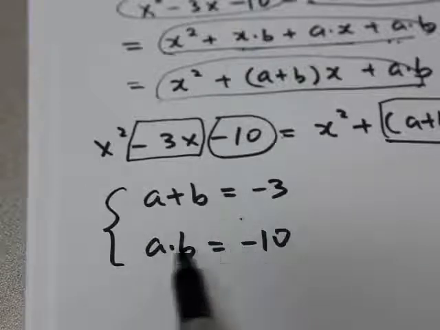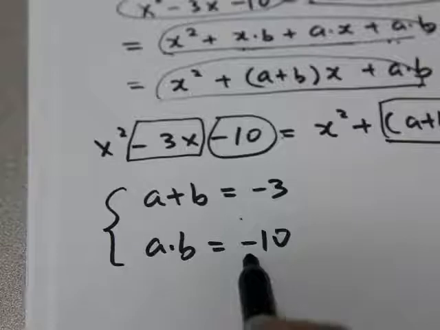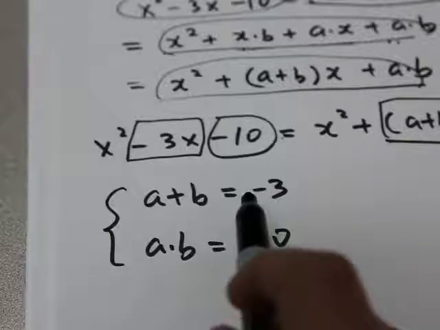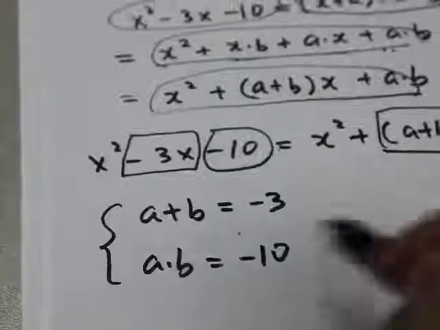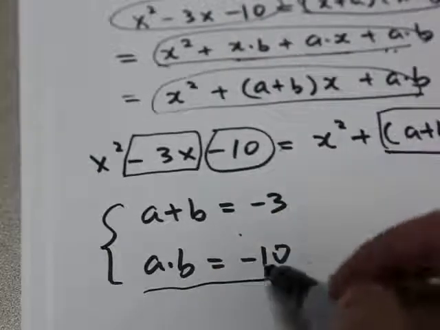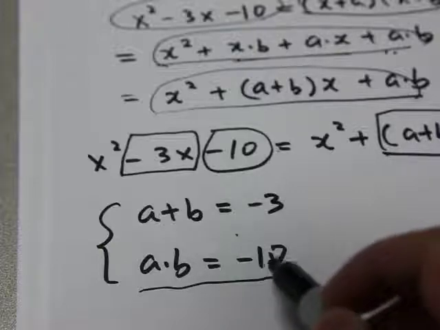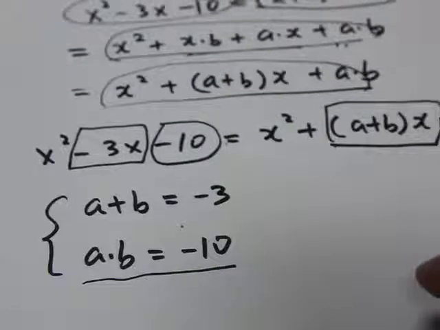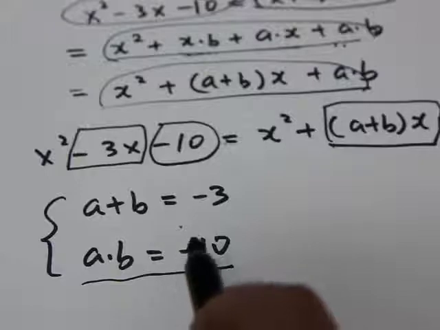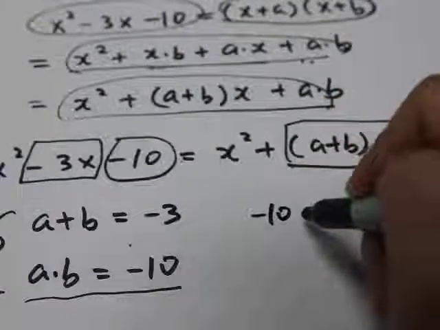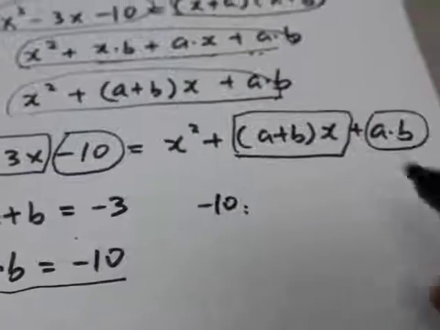The product of these two numbers has to be negative 10, and the sum of these two numbers has to be negative 3. We start with this condition. Since their product is negative 10, they have to be factors of negative 10. So let's consider all the factors of negative 10.